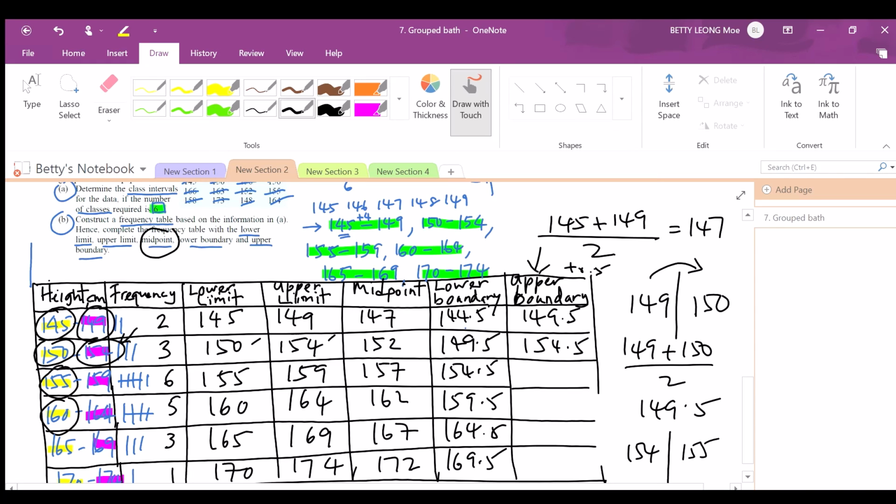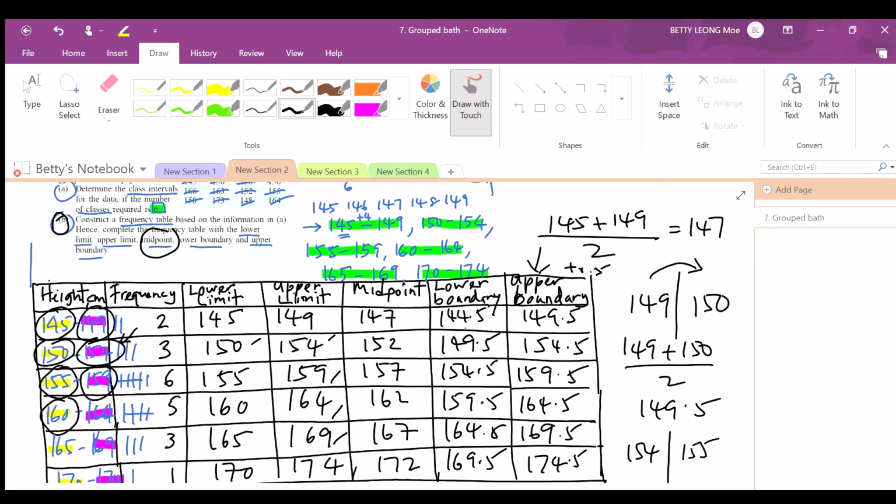For this one, it will be 159.5. This one will be 164.5. This one will be 169.5. So you have completed your frequency table.